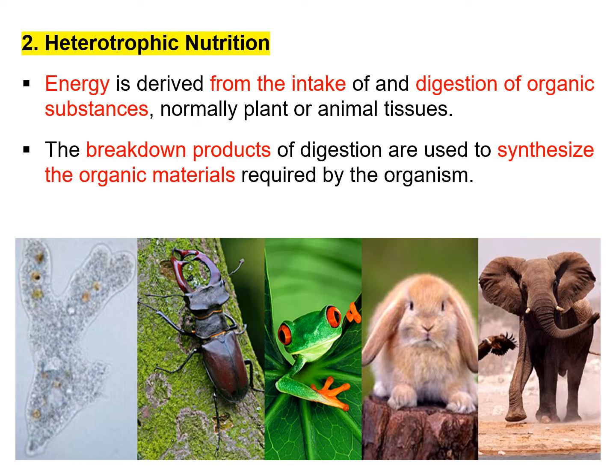The breakdown products of digestion are used to synthesize the organic material required by the organism. This is mostly done by all organisms that can't produce their own food. Therefore, they need the energy which derives from the intake and the digestion of organic substances.